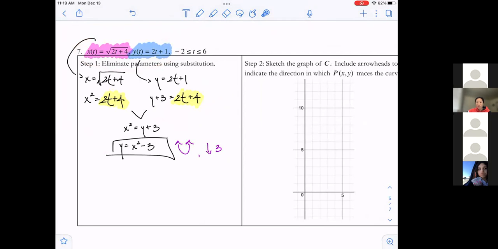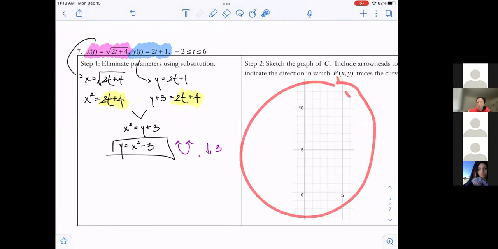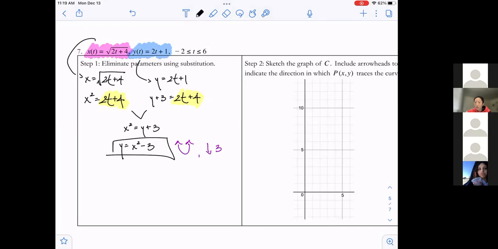If I plot my points, I won't plot all of them right now because I think we feel good about the plotting. But if I were to plot the points for this graph over here, what should my starting point be? Or how would I find my starting point? Rather, that's a better question.